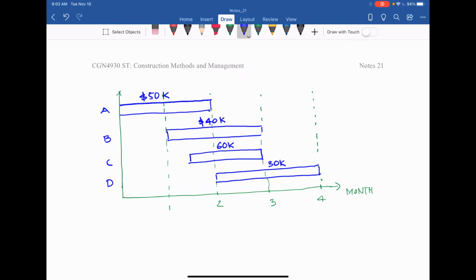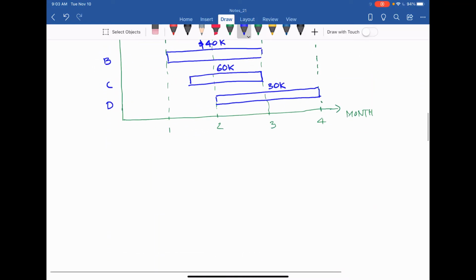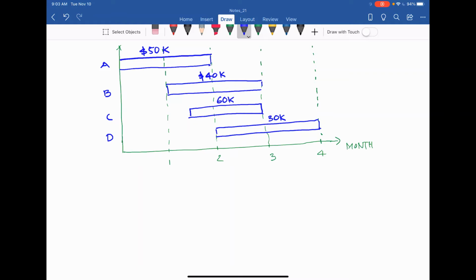From that we can determine the monthly direct cost.